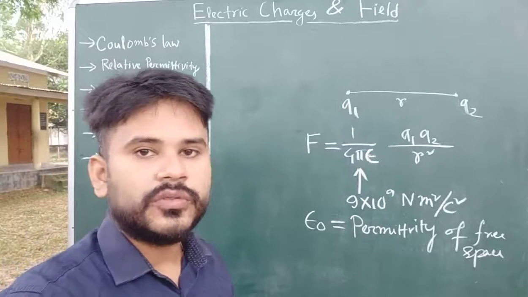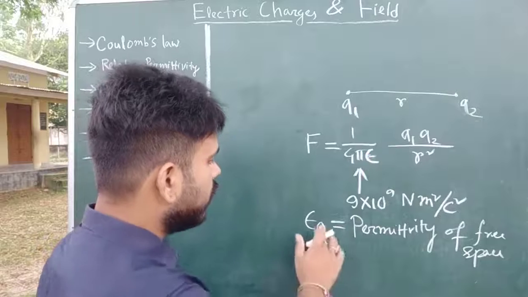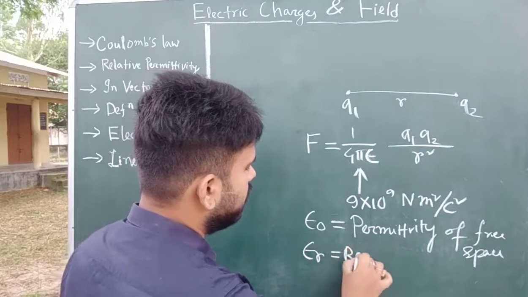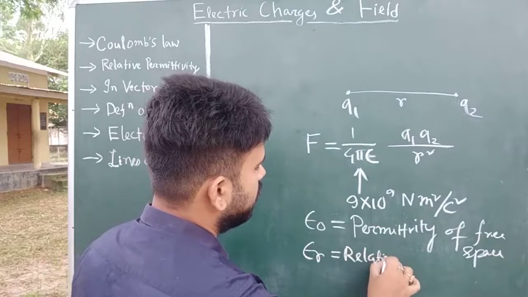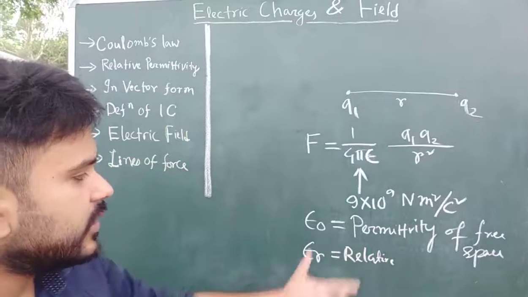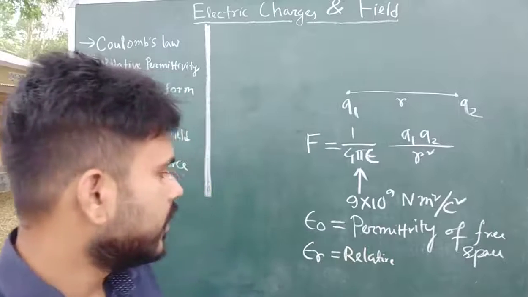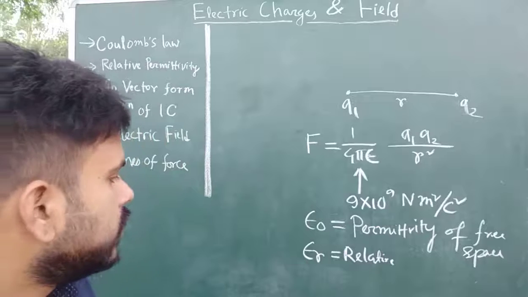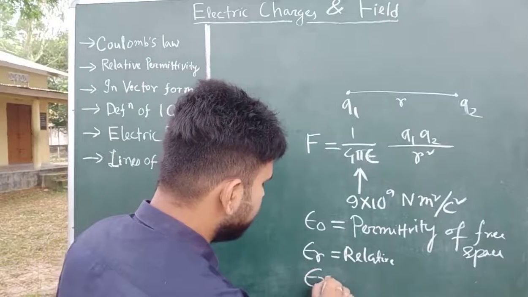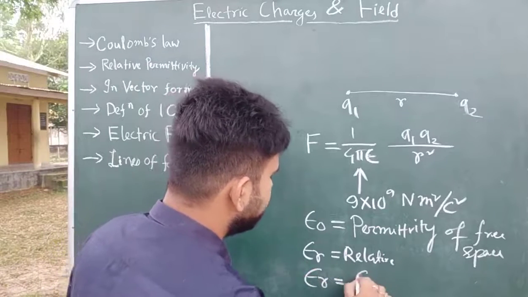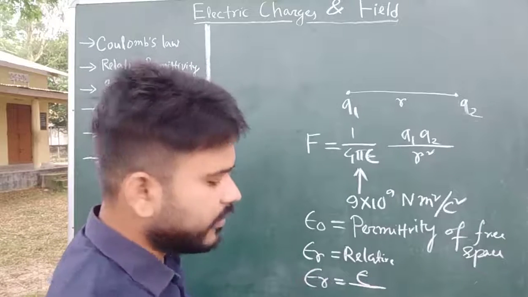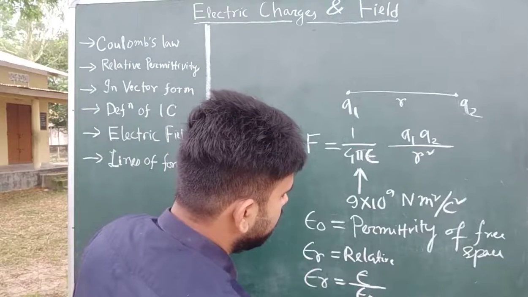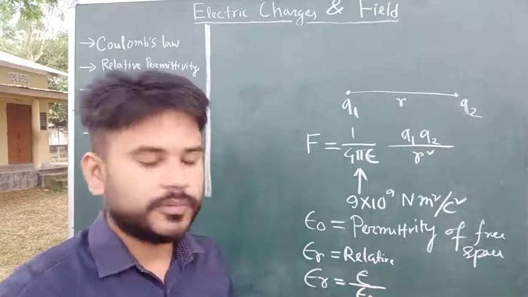So here we need to define another quantity called epsilon R. This is the relative permittivity of that medium. So epsilon R is the ratio of the permittivity of that medium and that of the permittivity of free space.